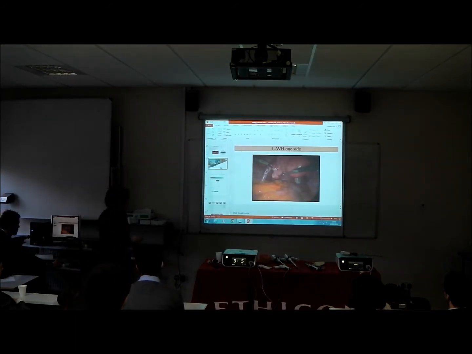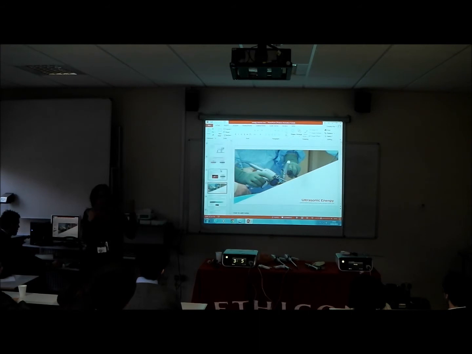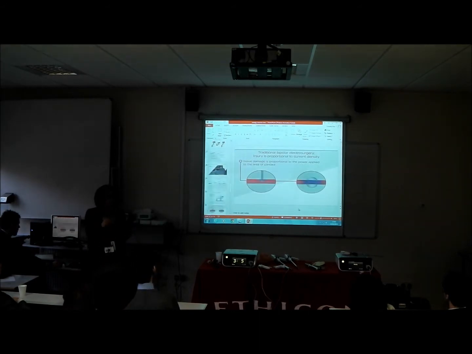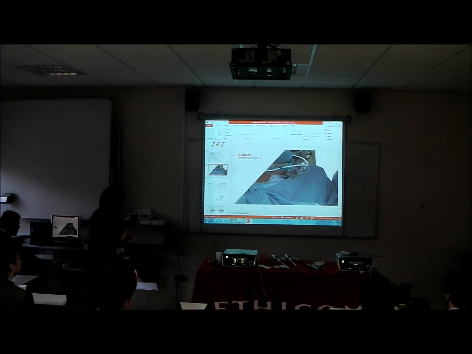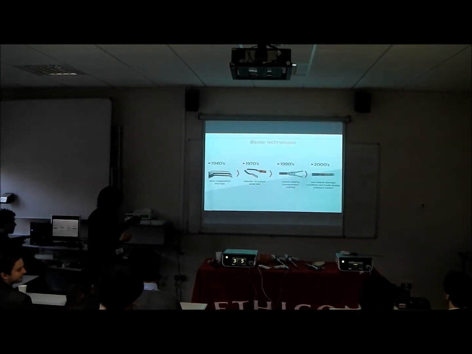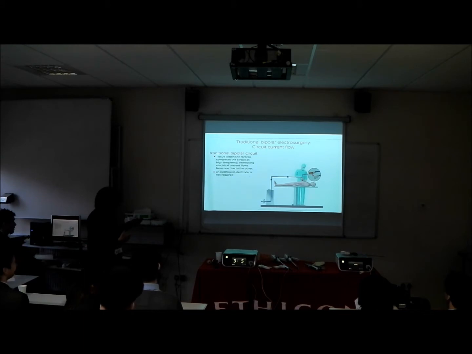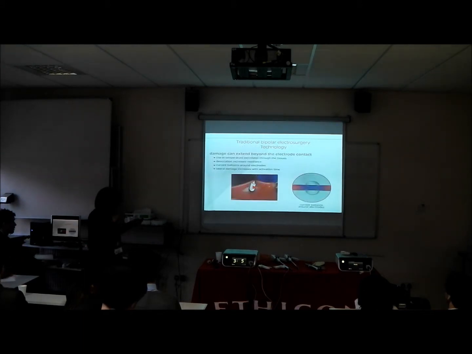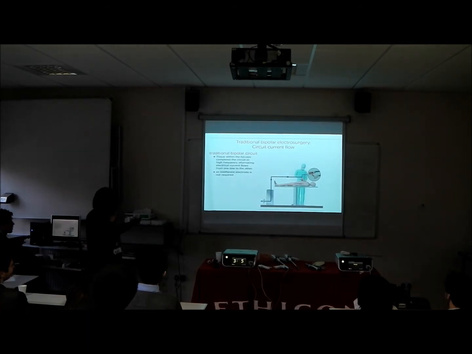So the one I've spoken to you about was the monopolar, where the patient is part of the circuit. The other one is bipolar, where the patient is not part of the circuit.